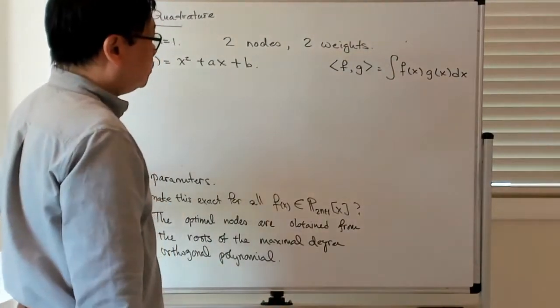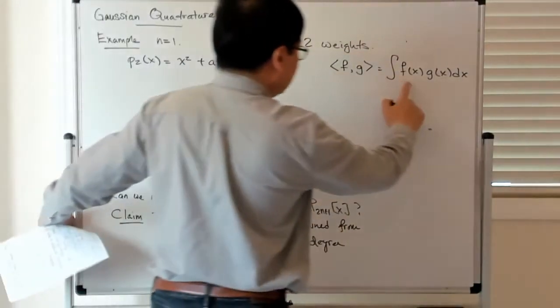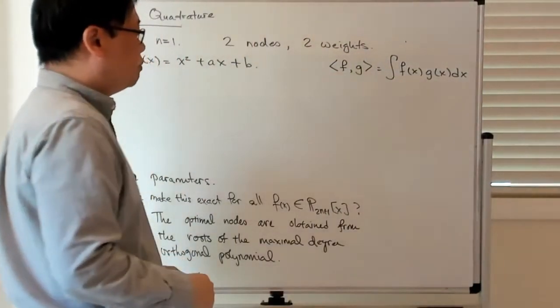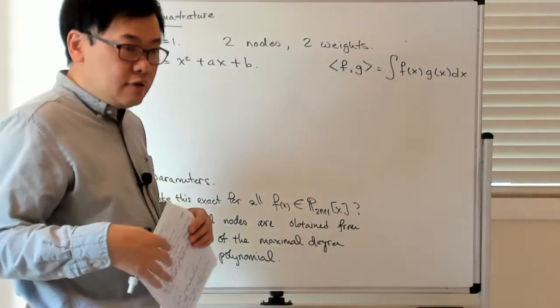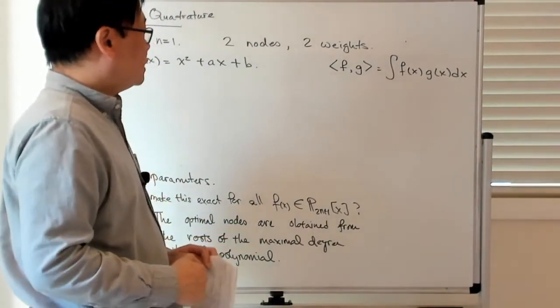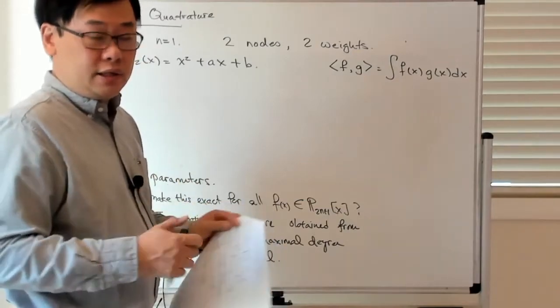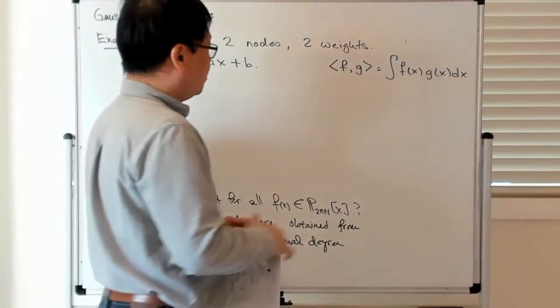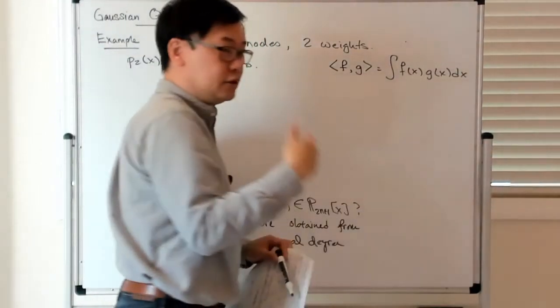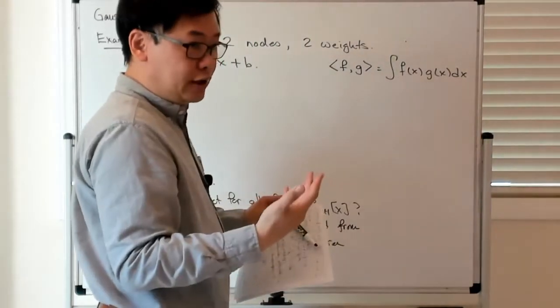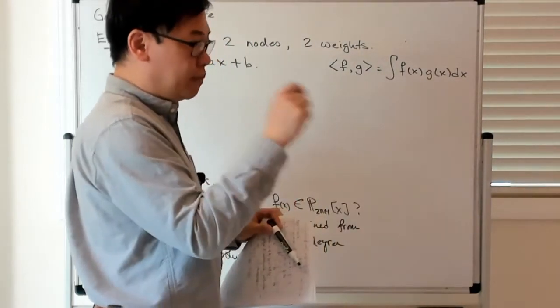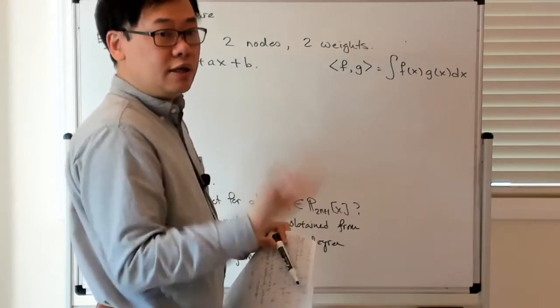The way you should think about this is that, morally speaking, it is the infinite dimensional generalization of the dot product from linear algebra. In linear algebra, you have 2 vectors, you take the component by component product and sum it all up.